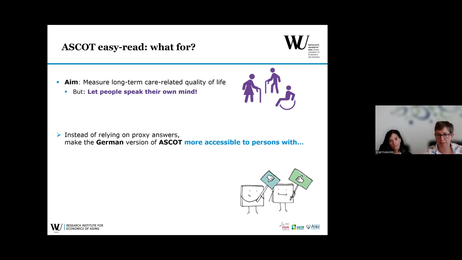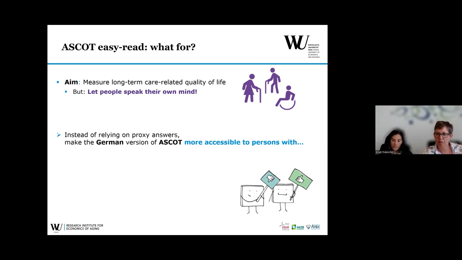Basically, we had a lot of experience with ASCOT. We did about 600 interviews with service users and 300 interviews with carers in Austria, and it worked quite well. But we also learned what we can do better.